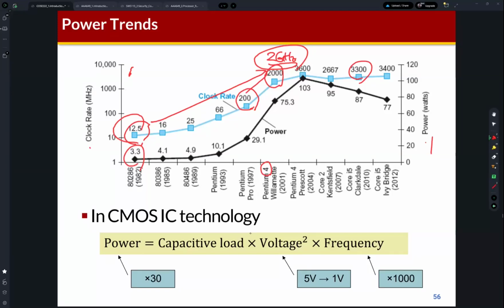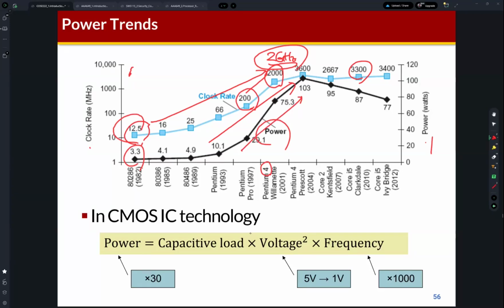So this number, the 2 gigahertz clock frequency, is similar to the current clock frequency of a modern CPU. Then how about the power? The clock frequency has increased dramatically, and the power consumption has also increased dramatically.